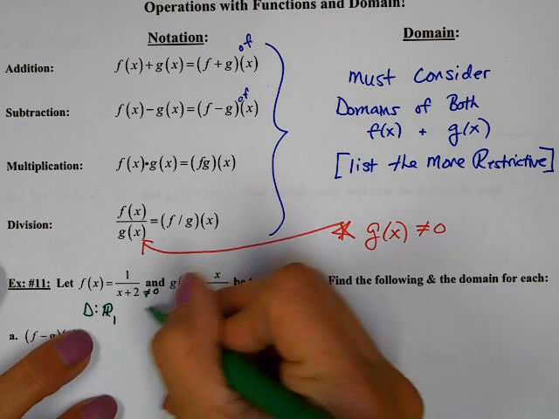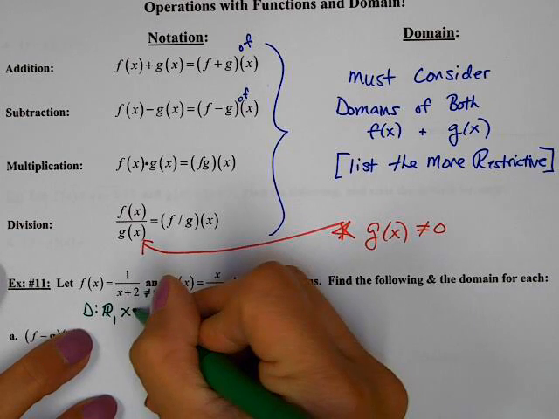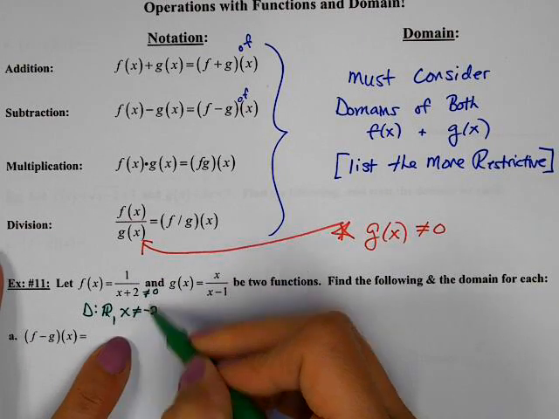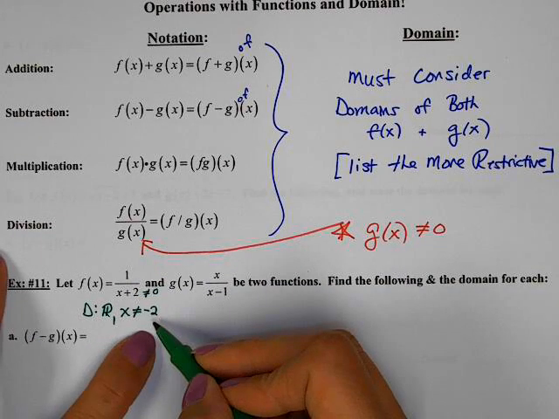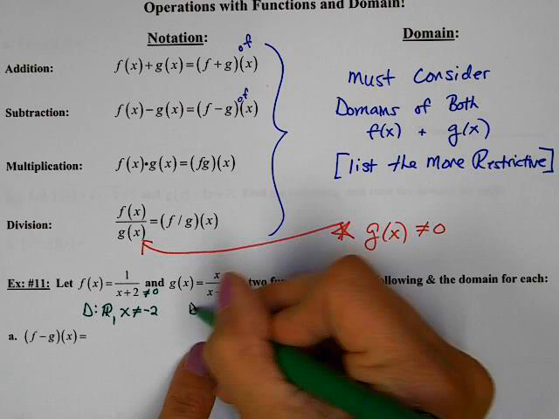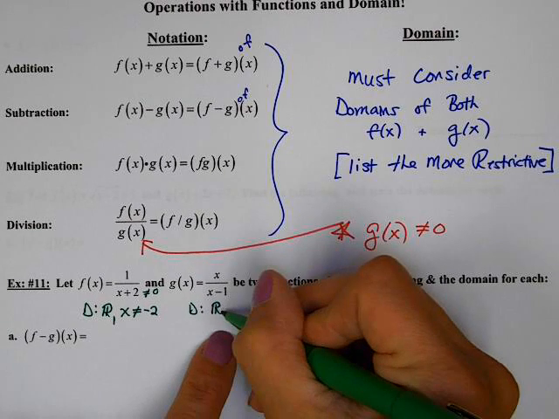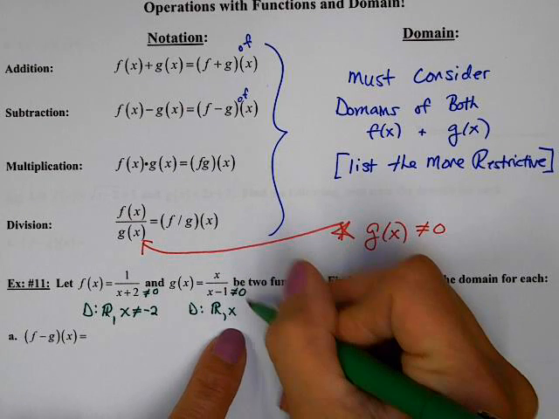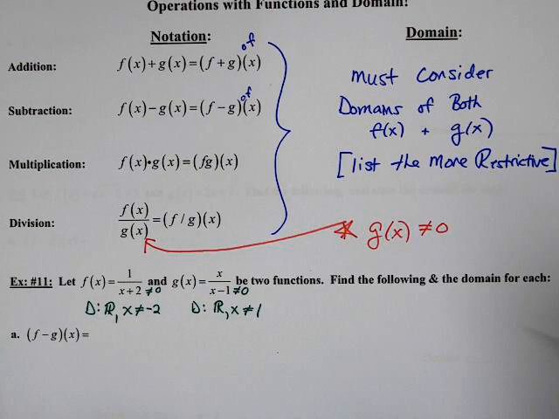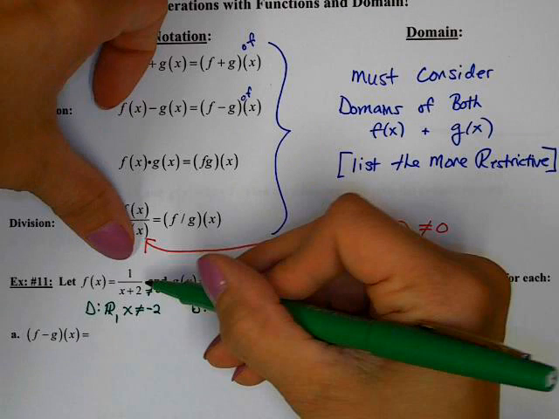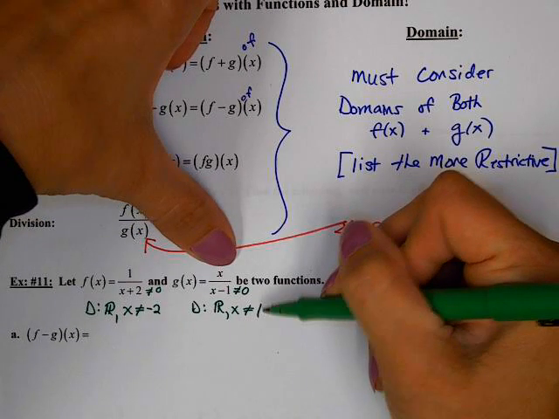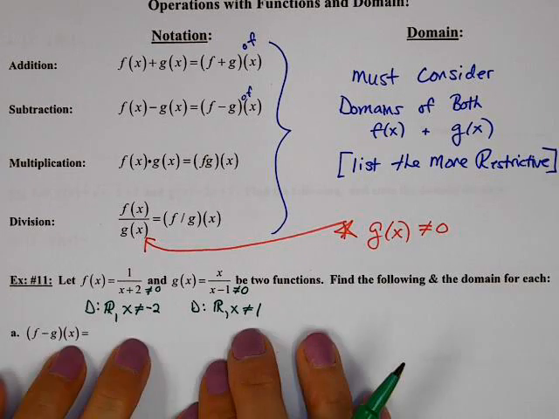So x cannot equal negative 2. So f will allow all numbers except negative 2. And then how about the domain for g? It will allow all real numbers except, denominators cannot equal 0, x cannot equal 1. So f will not work with the number negative 2, and g will not allow the number 1 to go in. So that's handy to have by.